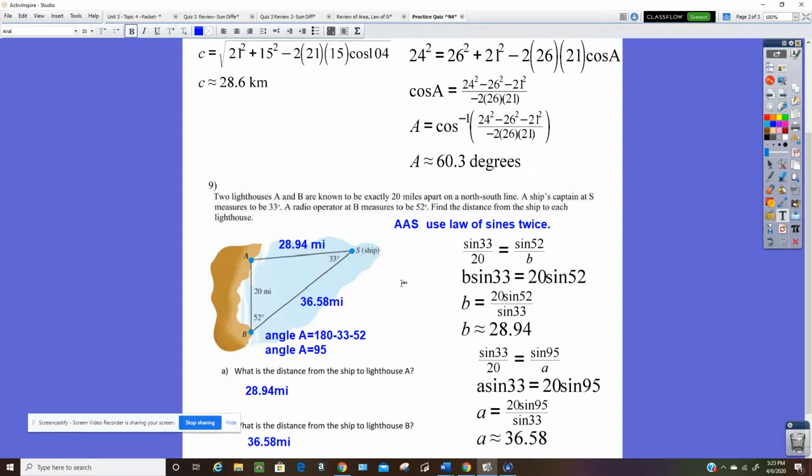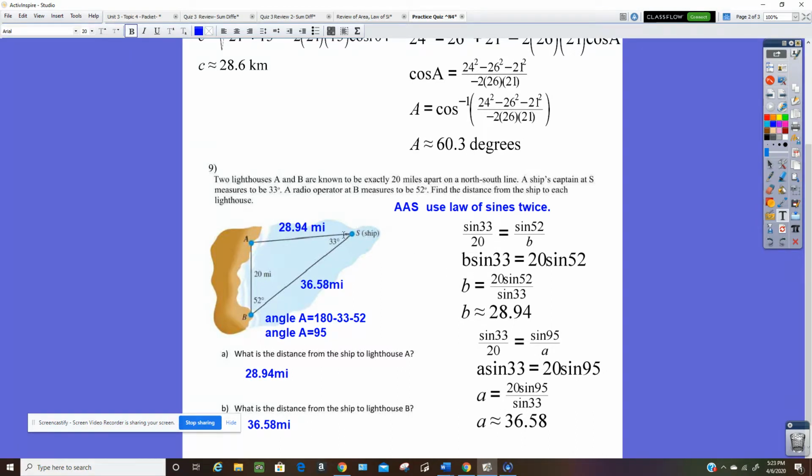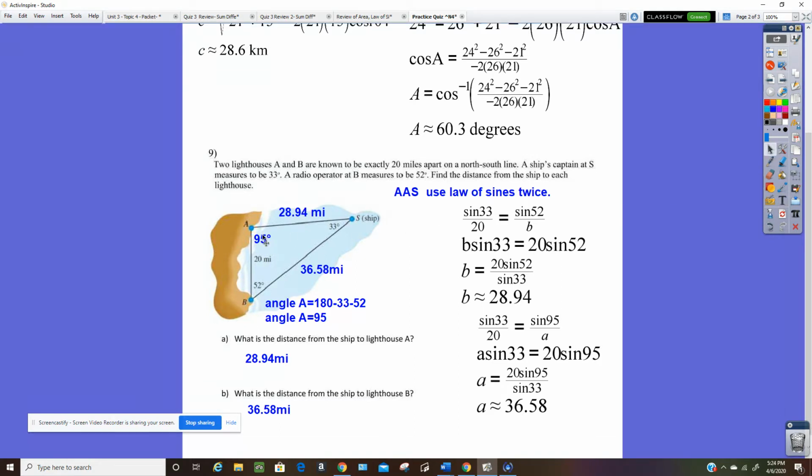So it makes sense logically, and I can be pretty sure I did the calculations correctly if it works out that way. This is 95 degrees right here. For the last one, you use the law of sines twice to find the missing sides.